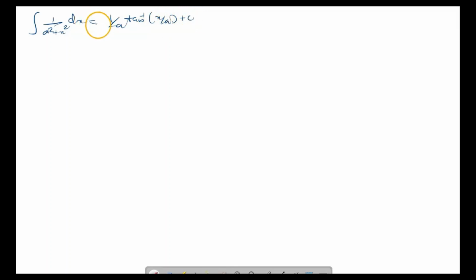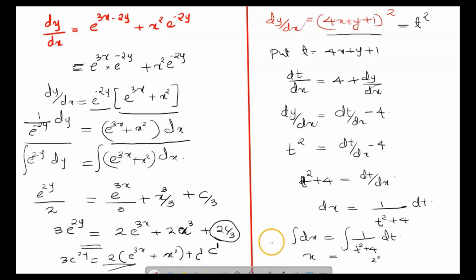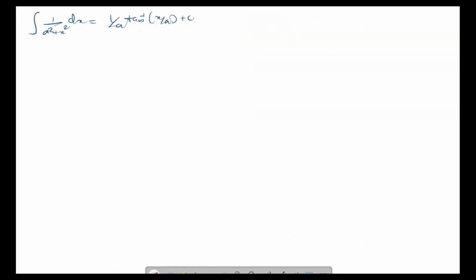So here a is equal to 2, and we have x is equal to 1 by 2 tan inverse t by 2 plus c.